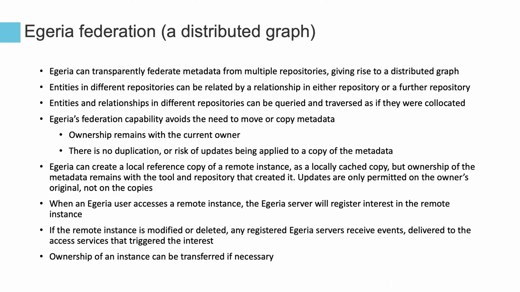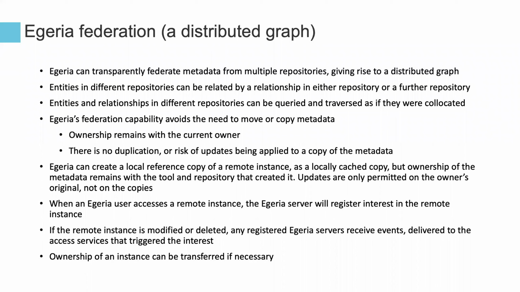So the reference copies cannot be updated. You can't update the properties of them. And when Egeria accesses a remote instance, it has a protocol at a level called OMRS, which again we'll talk about in a moment, which registers interest in the remote instance.